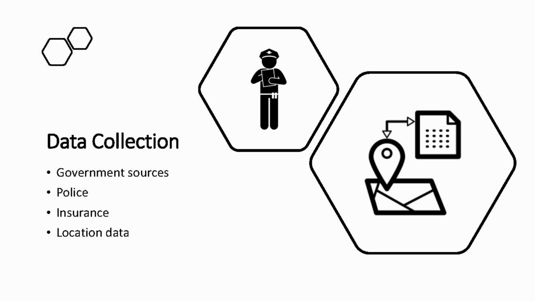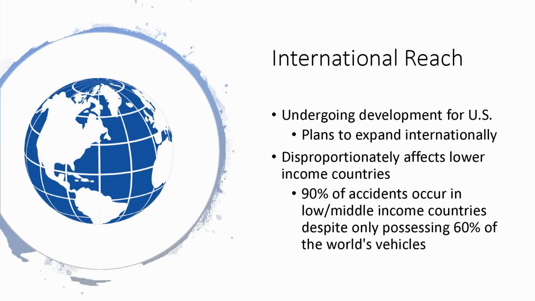We are currently in development of this product in countries like the US, UK, and Germany, in which we have high data density. But it is our goal to take information on these countries and the types of roads in them to assign danger ratings to roads we don't necessarily have lots of data on in lower income countries.